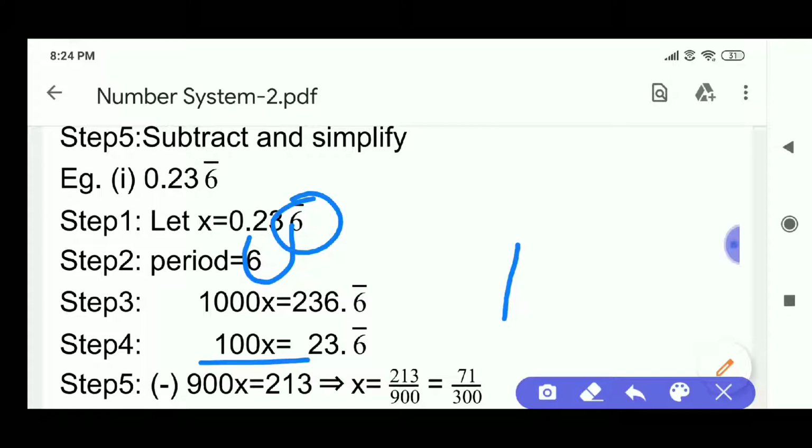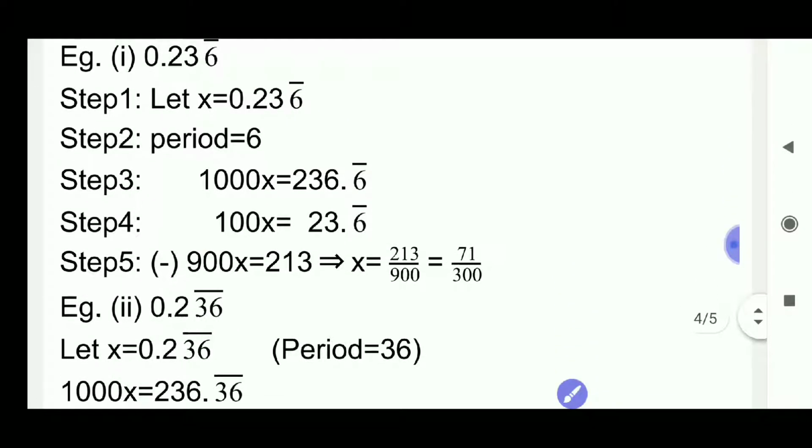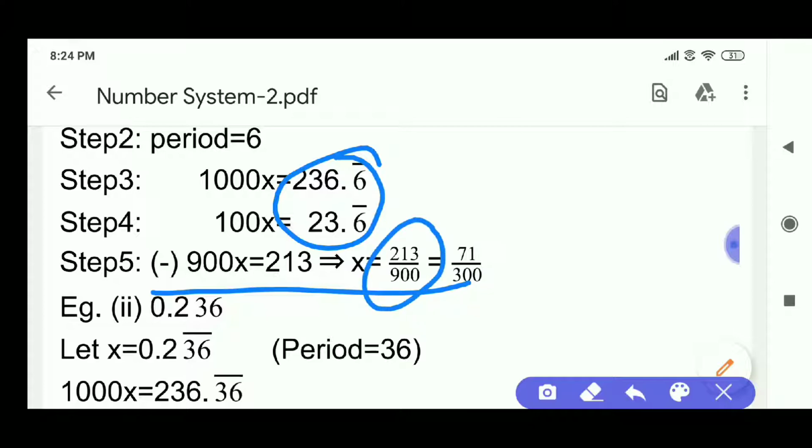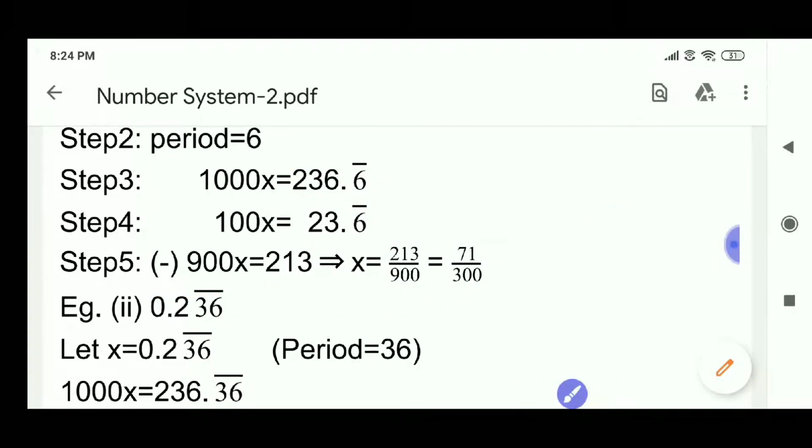So 100x is equal to 23.6 bar. Now subtract. By subtracting we get 900x equals 213. So x equals 213 by 900. By simplification we get 71 by 300.